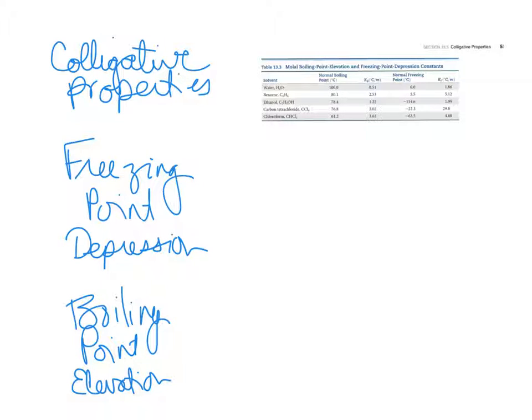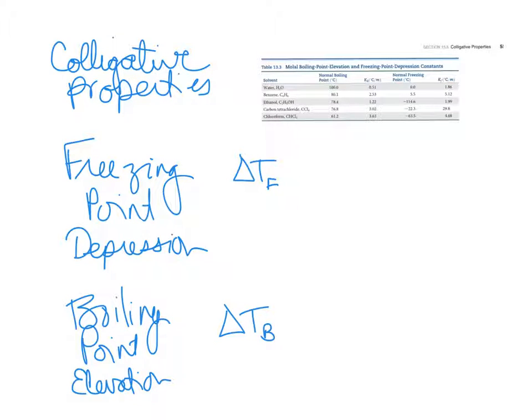So a couple of things to keep in mind when you are calculating. For both of them, the formula is very similar. It's delta T F for freezing, or delta T B for boiling.